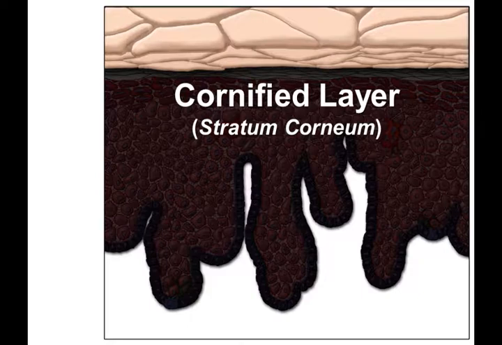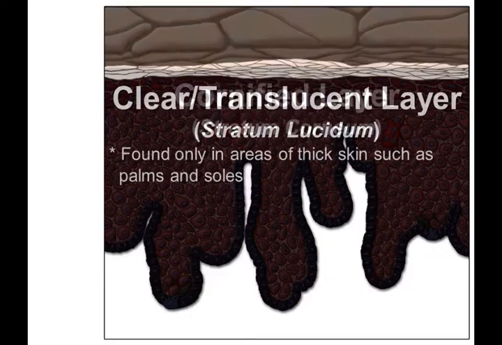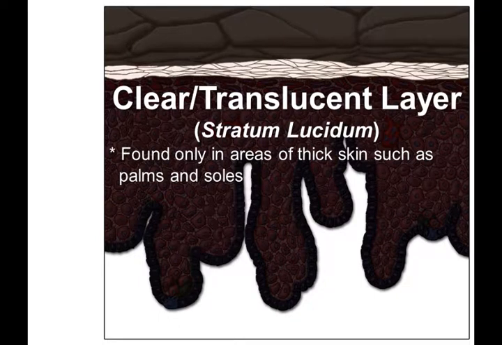Going from the top down, stratum corneum, stratum lucidum, found generally on the palms and soles, but also present in pathologic conditions like lichen simplex chronicus.